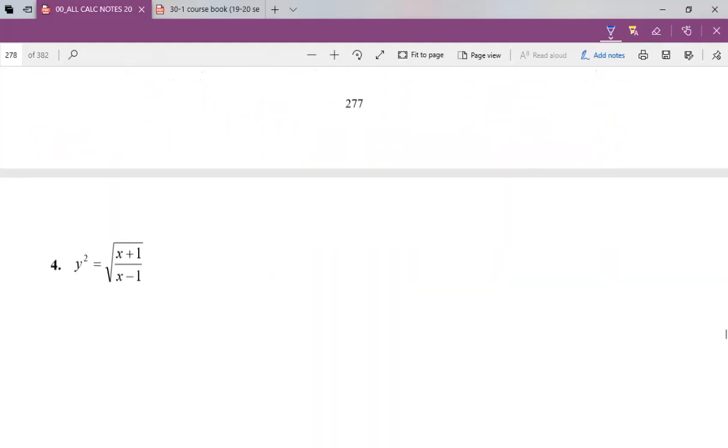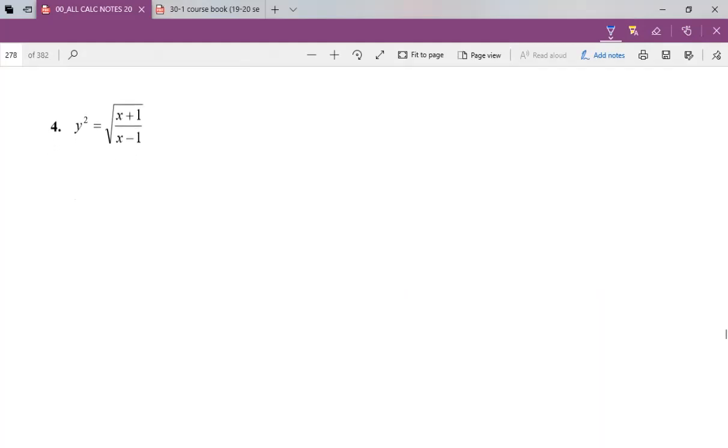Last one. y squared is equal to the square root of x plus 1 over x minus 1.